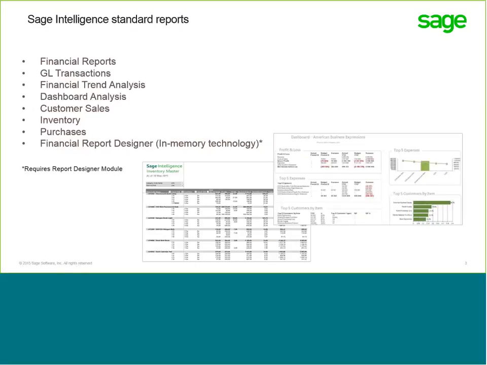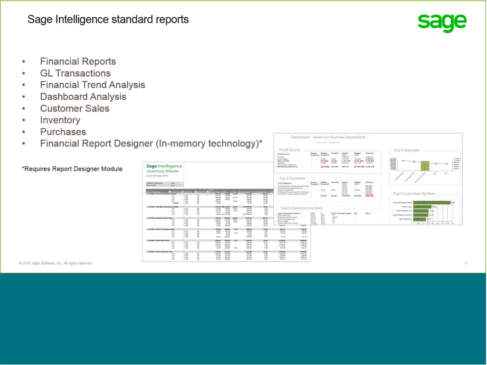All right, so let's go ahead and get started with the list of standard reports that come with Sage Intelligence. Now, this is the list of those reports that come standard with all Sage ERP products. So whether you are a user for Sage 100, Sage 300, Sage 500, maybe there's someone on the line that's using Sage 50 or Sage ERP X3.